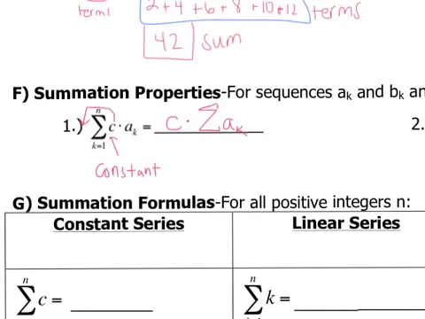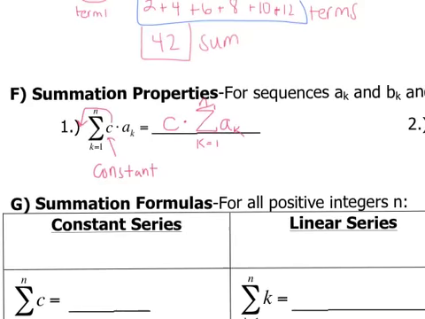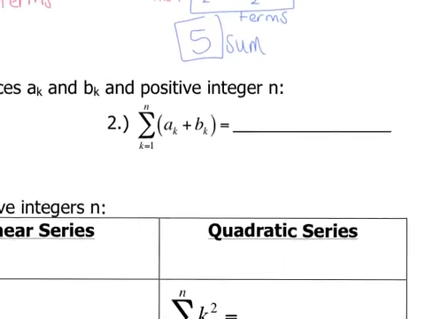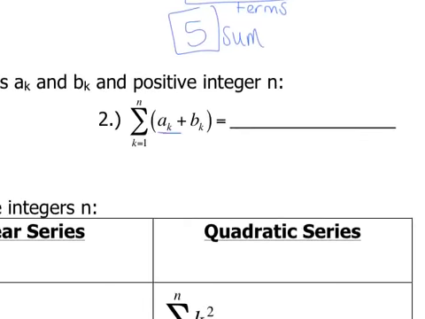Do we need to write the N and the K goes around? Yeah, I was just going quick here, but we probably should. And then the second one, so notice that you have two terms being added inside of that quantity. You can split that summation up.